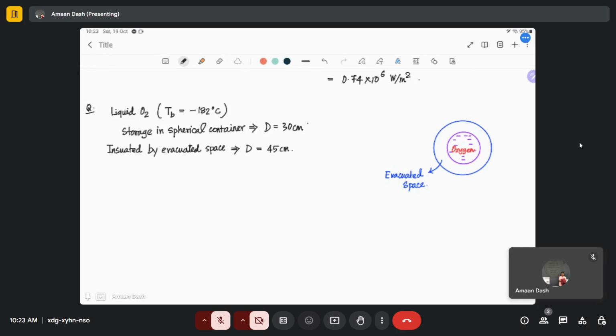For both the spheres, the emissivity is 0.03.